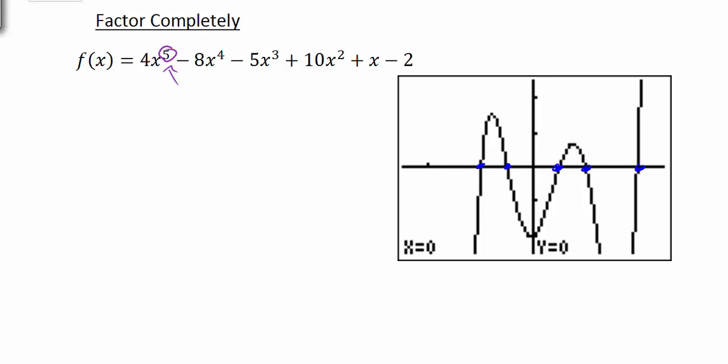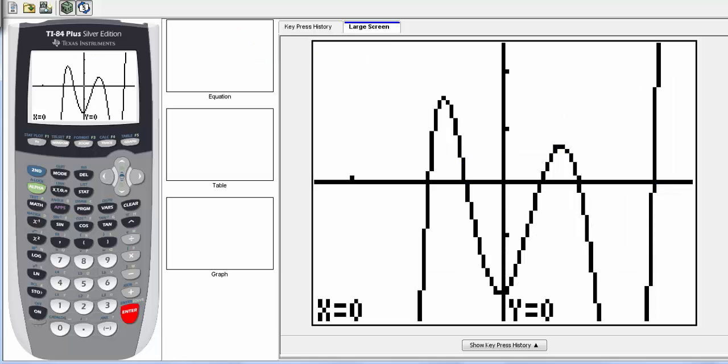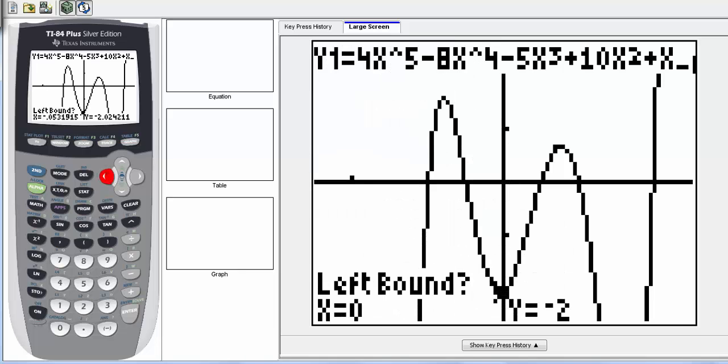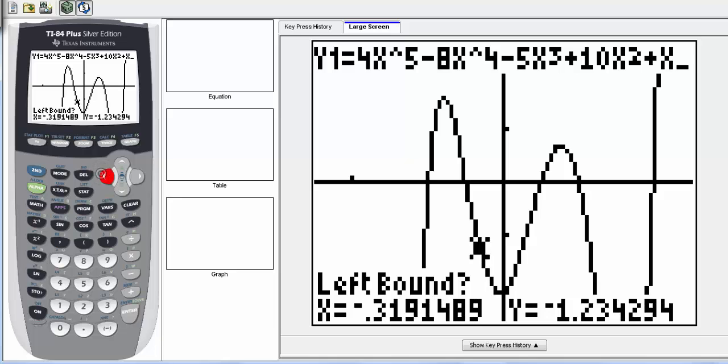So at this point, we could simply find the zeros using our calculator. And if we do that here, I'll start off with a couple of these. We would simply go second trace, number 2 for zeros. And again, you're going to set your left bound.